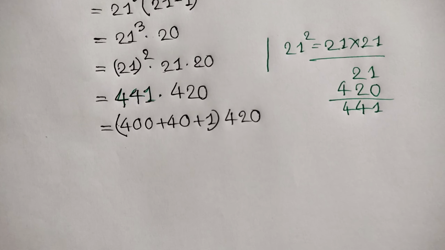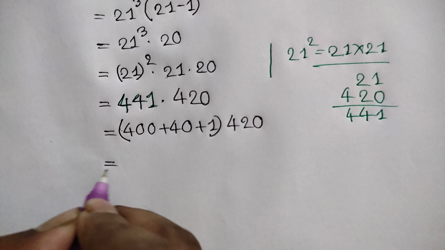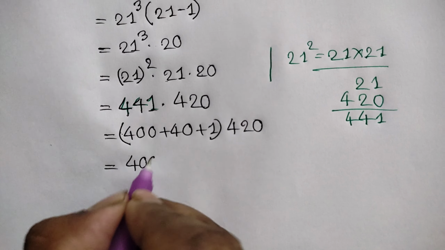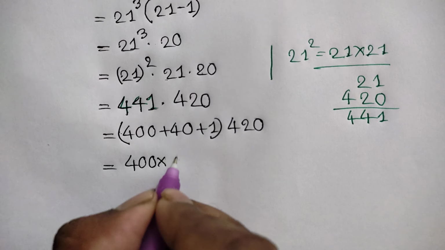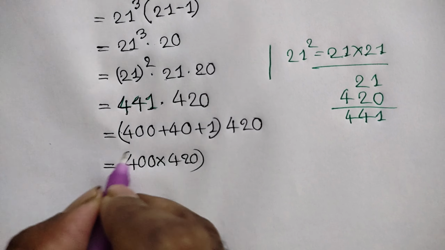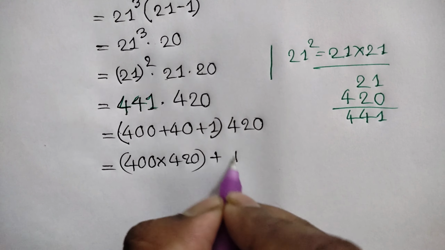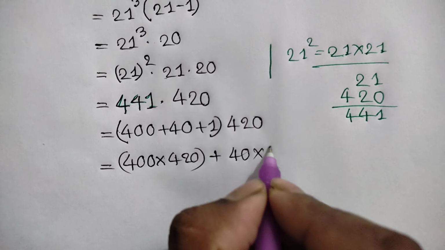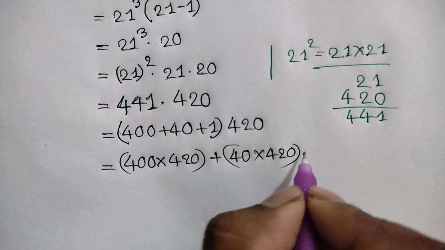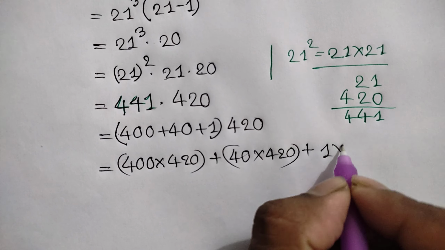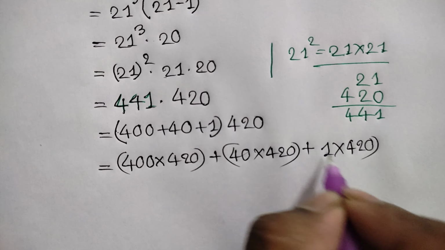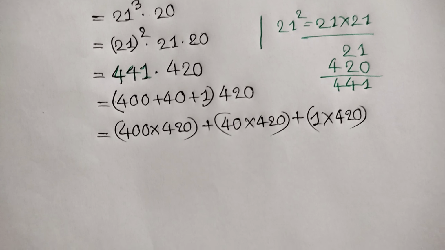Now we can write 400 times 420 plus 40 times 420 plus 1 times 420.